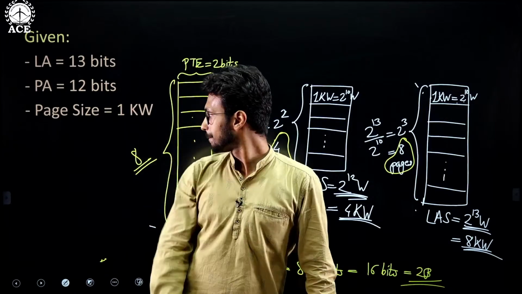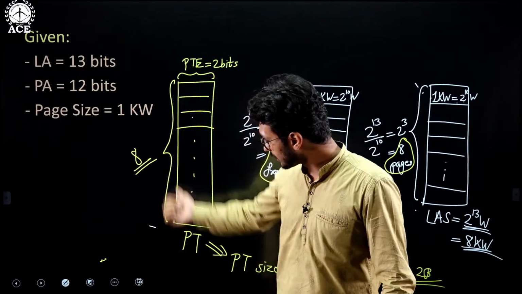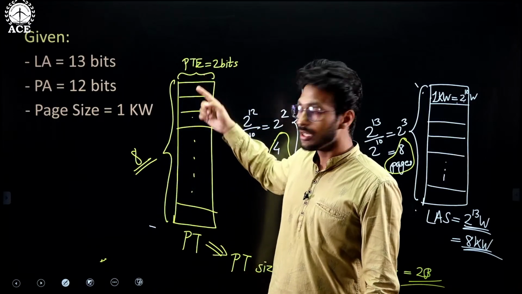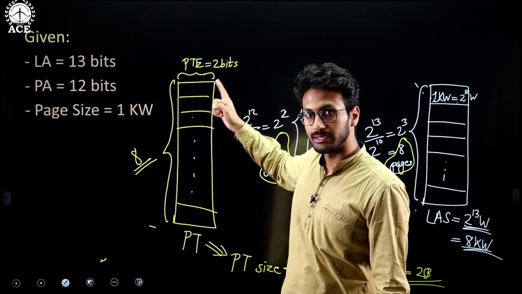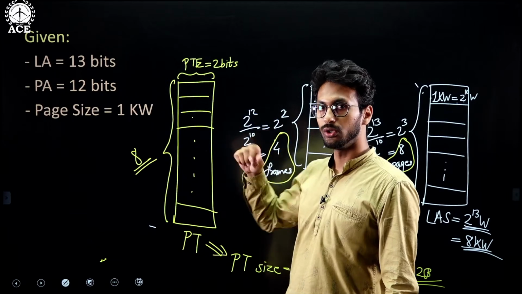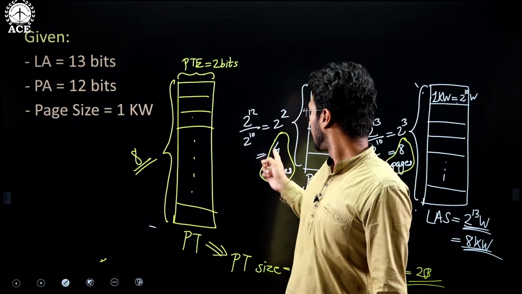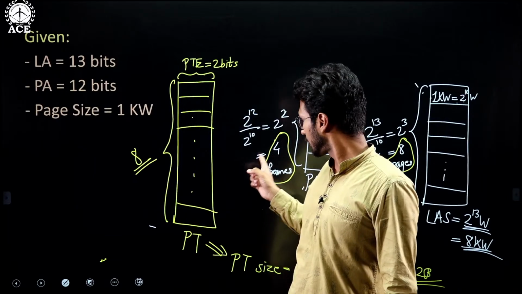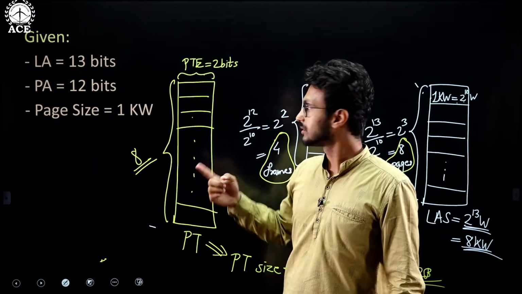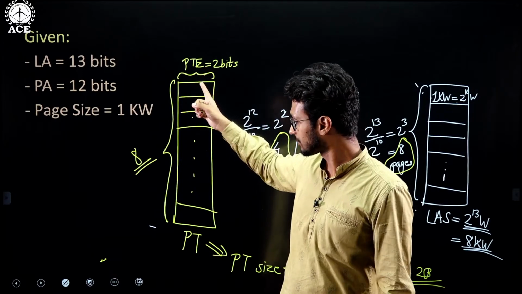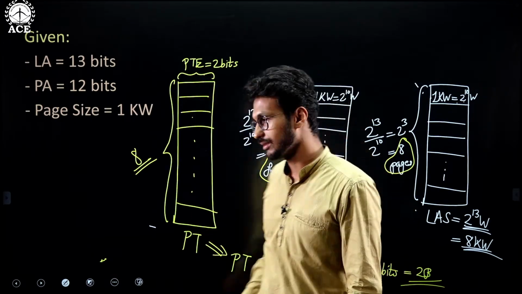5th point, number of entries in page table, that is what you got. 6th point, page table entry size. Since page table entry consists of frame number, in order to address those 4 frames, we need 2 bits. That is why page table entry consists of 2 bits. And finally, page table size.